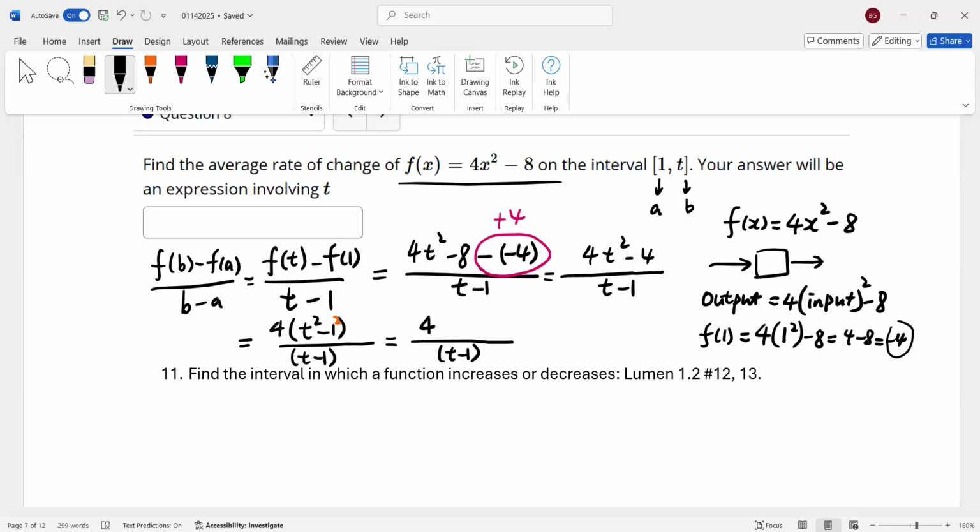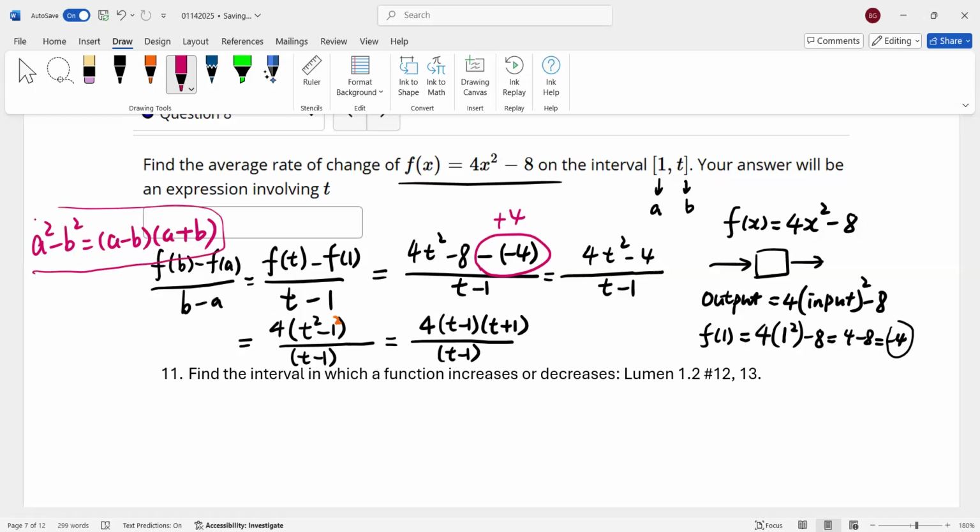We are able to factor that difference of two squares as t minus 1 times t plus 1. If you don't remember, I'm going to write a formula here. A squared minus b squared equals a minus b times a plus b. Maybe look at your Foundation 2 notes. This is a very important formula, okay?